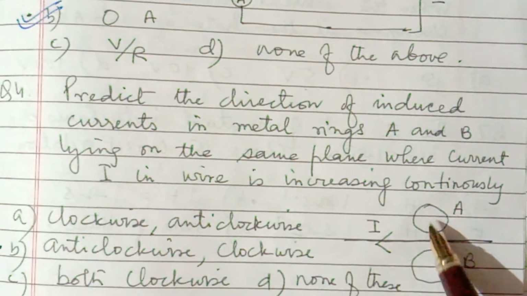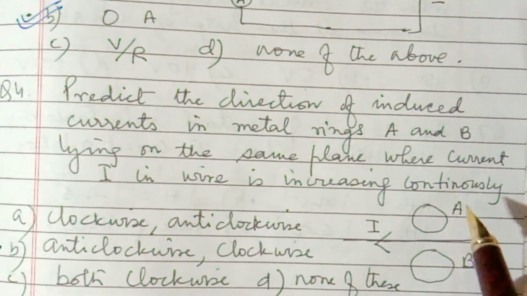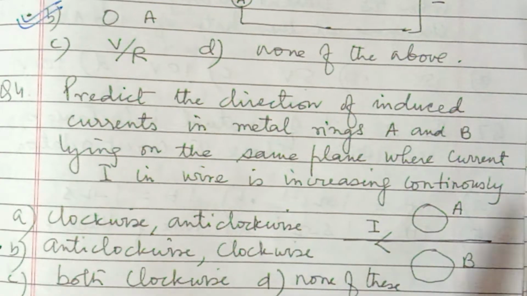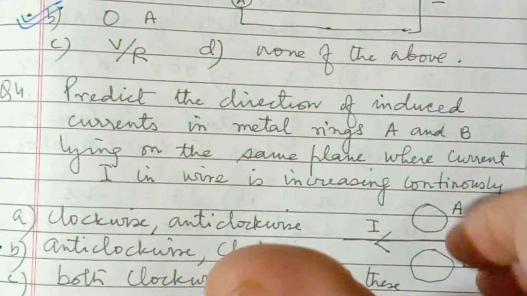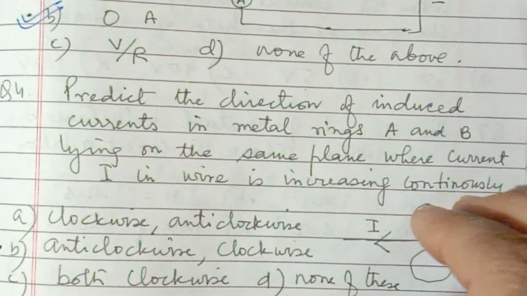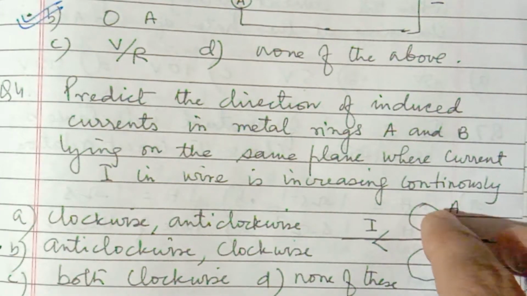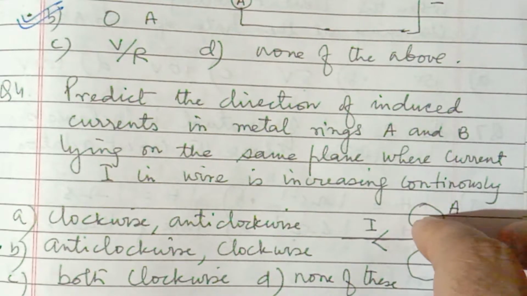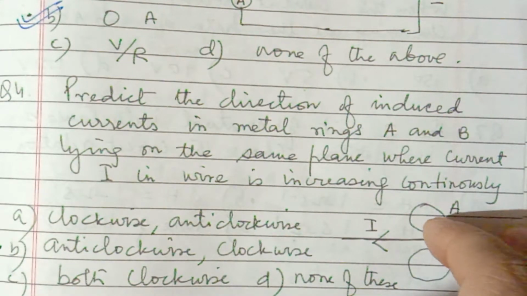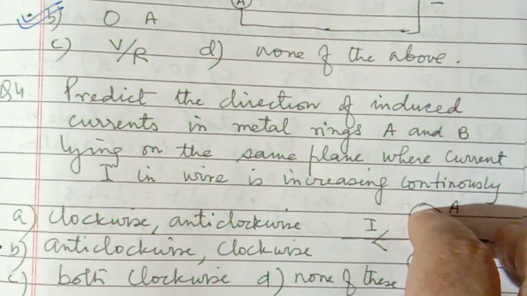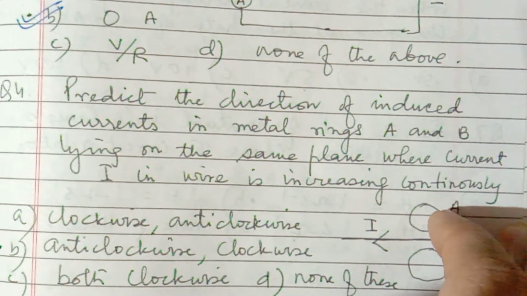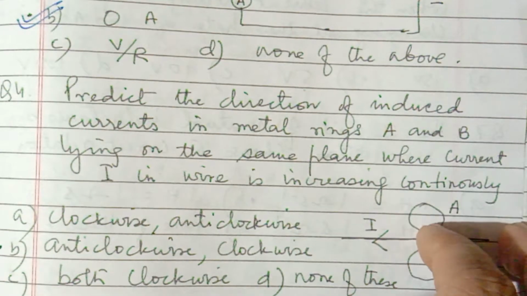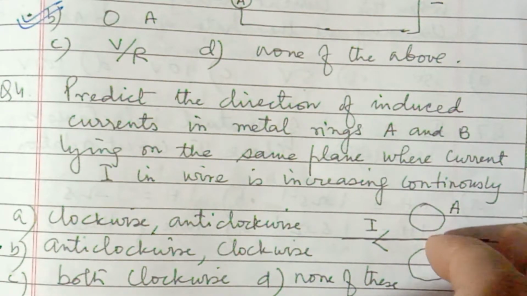So consider this first. When current flows this way, then by the right hand thumb rule the magnetic field across A is downwards, into the plane of paper. Now that is increasing downwards, and here an EMF will be set up and current will be set up such that it will oppose the cause.